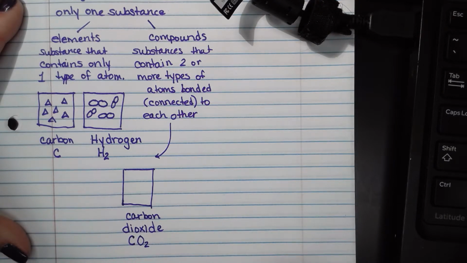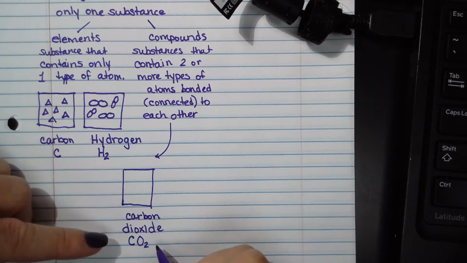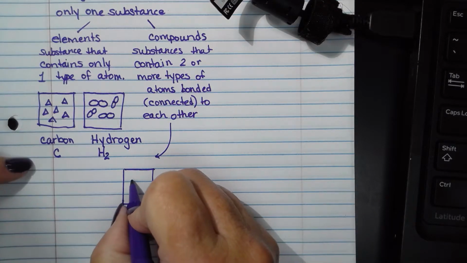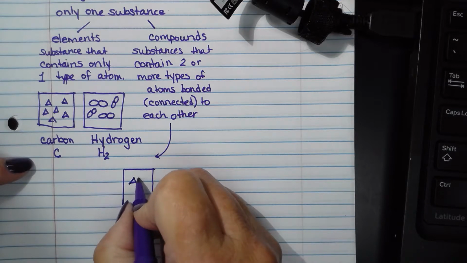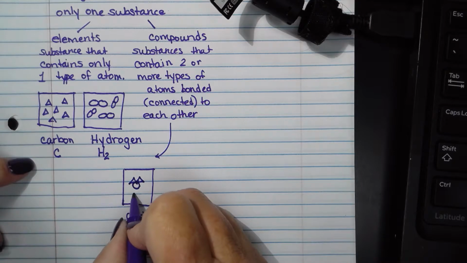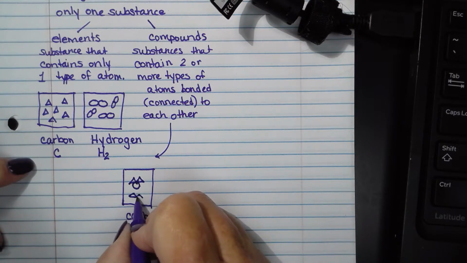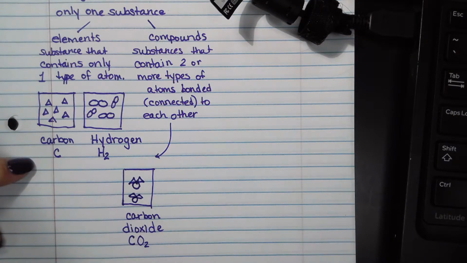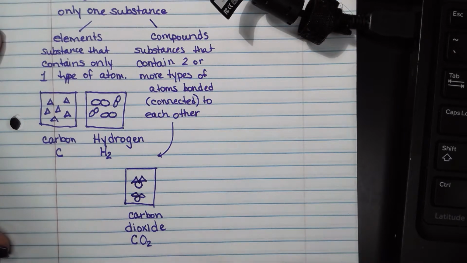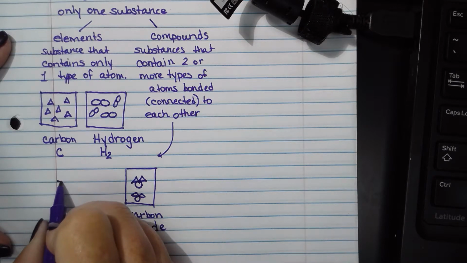If we said carbon was one shape, oxygen was another, we might draw this as this, and this would represent a compound. The key is it has to have two different types of atoms.